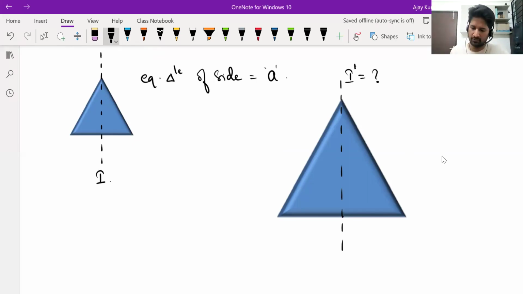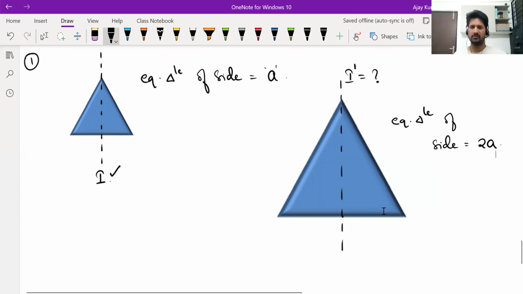The smaller one's moment of inertia I is given to you. How much will the moment of inertia of the bigger one be? This is also an equilateral triangle, but its side is double the side of the other one. And I'm telling you, it is cut out from the same cardboard. Okay, keep that point in mind and think of an answer. I'll give you all 2 minutes. Type your answers in chat.